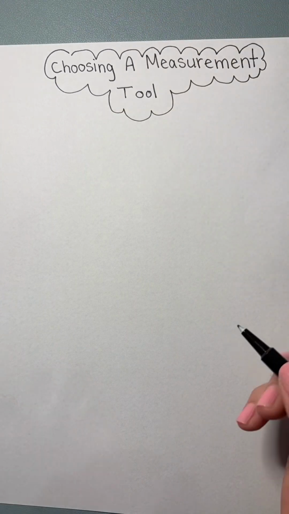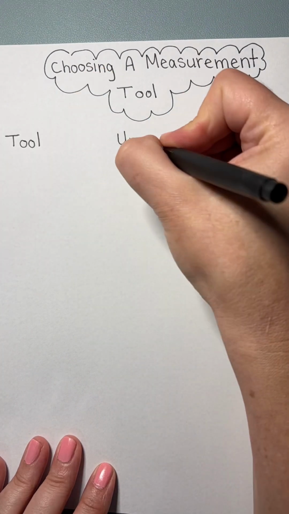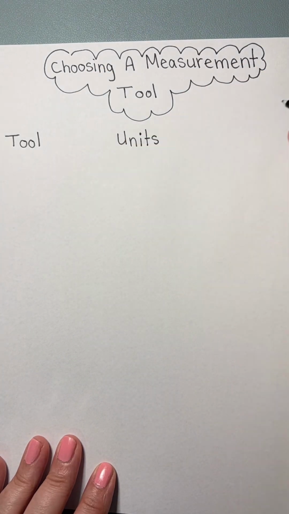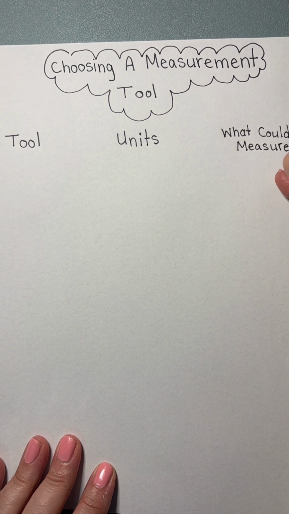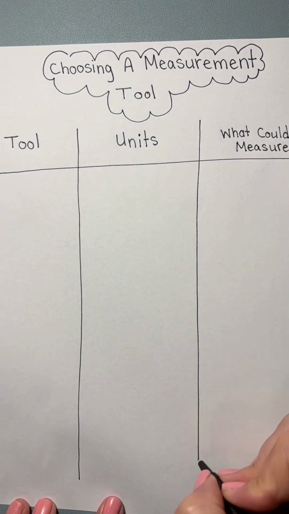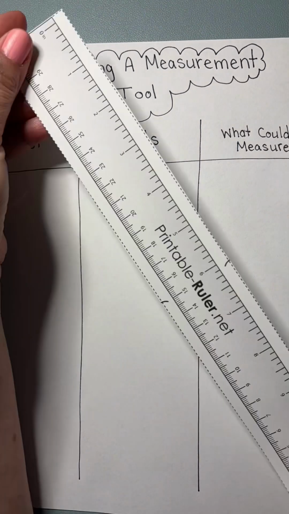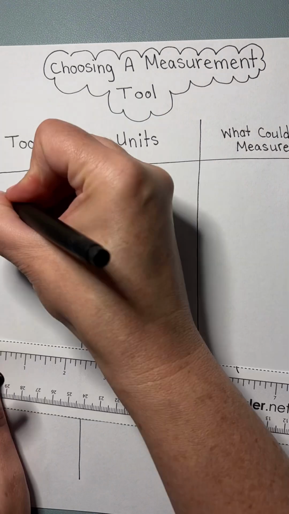First section says tool, the second section says units, and then the third section is what could you measure using that unit. You will need your ruler for this activity, so go ahead and get it.